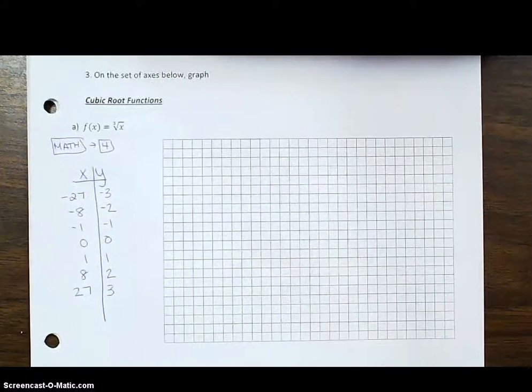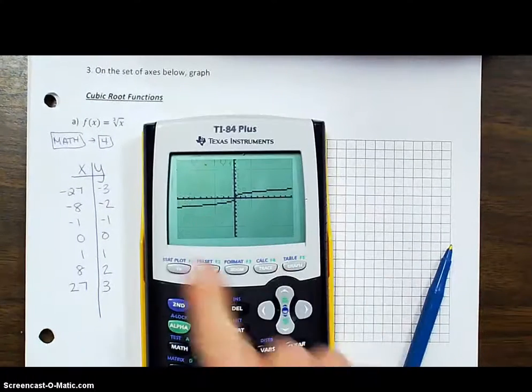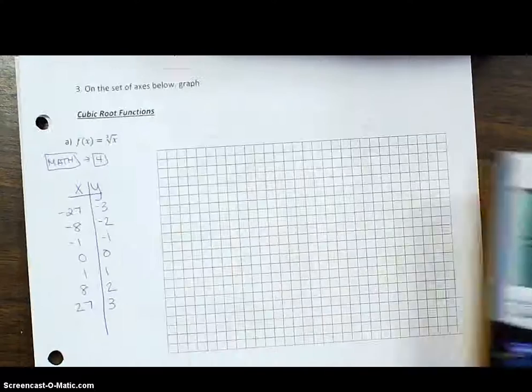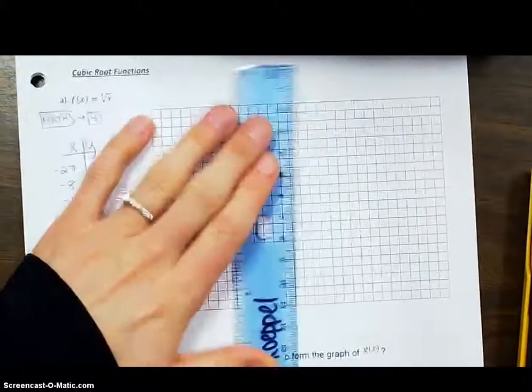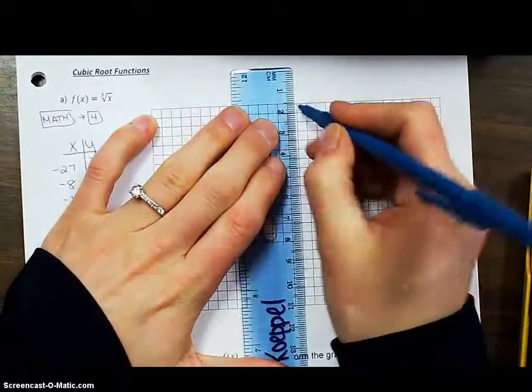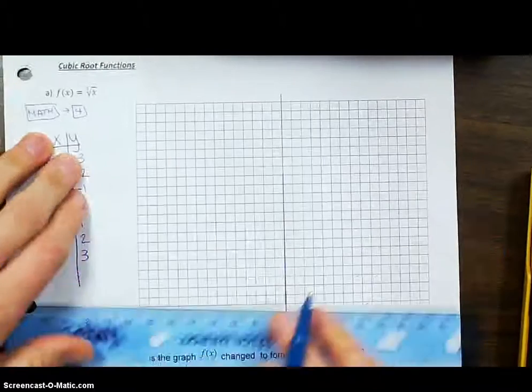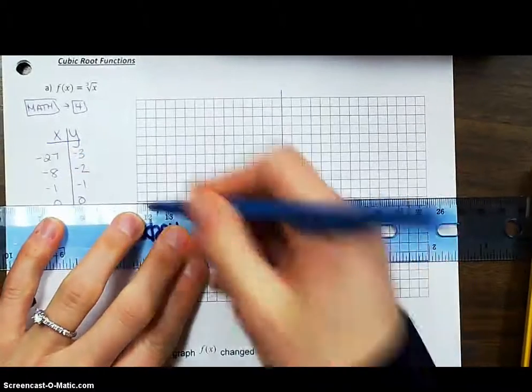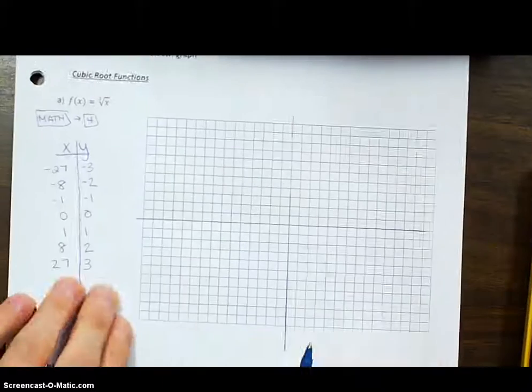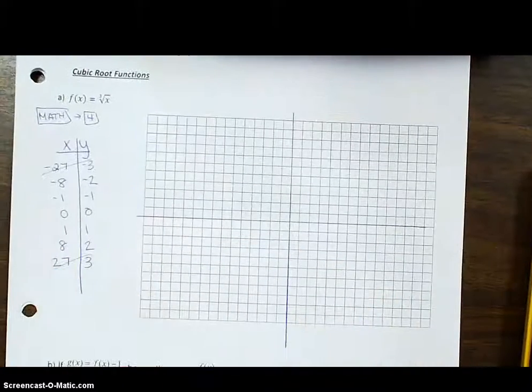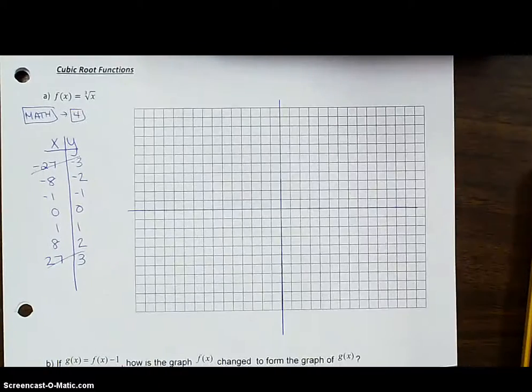All right, so let's go ahead. I'm going to hit the graph button because I know this is what I want it to look like. So I'm going to put my axes through the middle of my graph here. I don't think I'm going to be able to graph the first and the last one, so we're going to go ahead and graph the other ones.